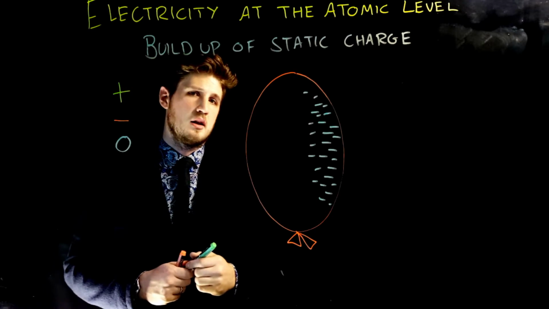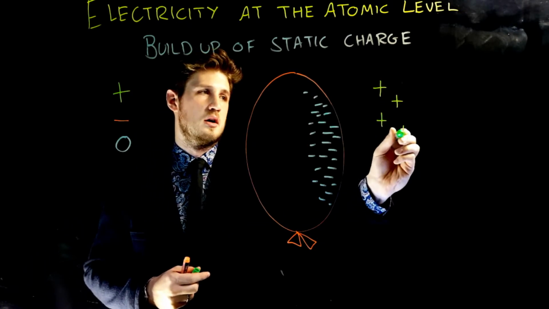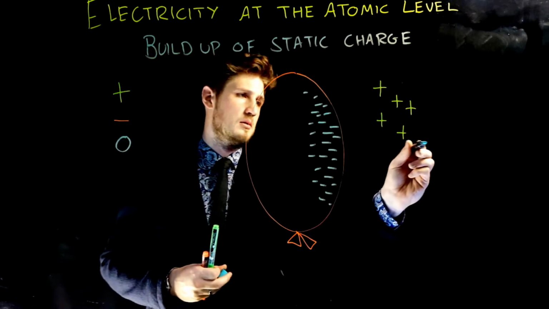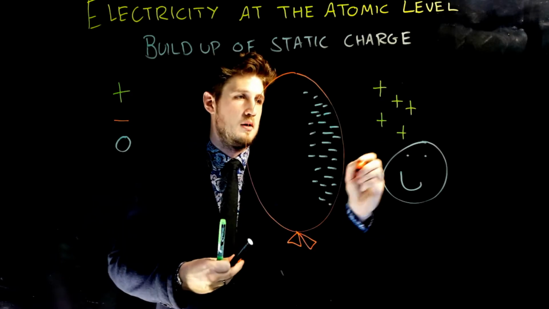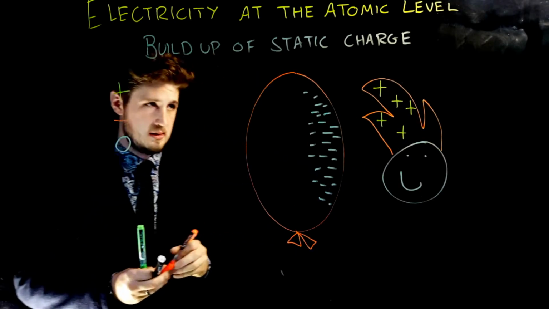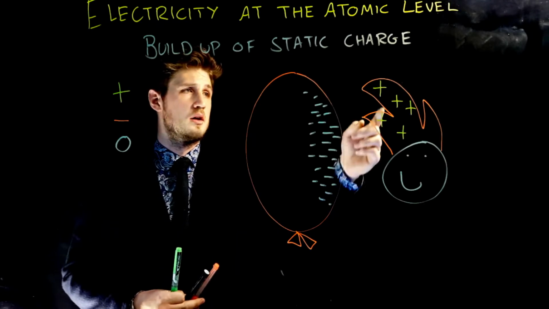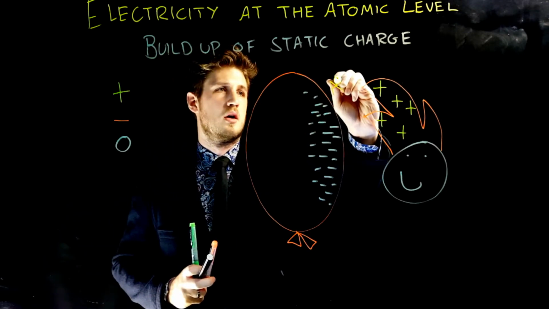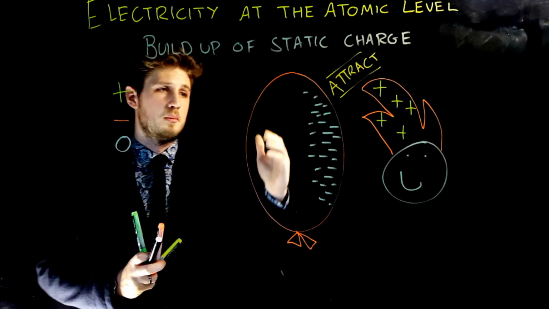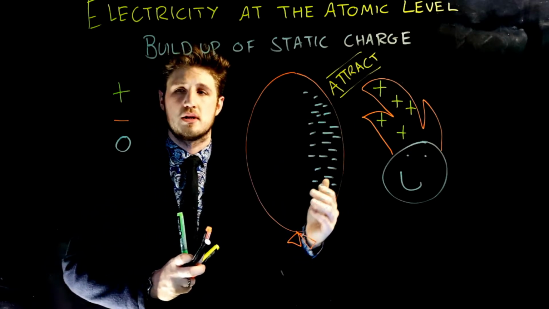What if we then put it near something that had more positive charges, like Mr. Lloyd's head and his crazy hair? What would happen? You're right, the two charges would attract each other. Positive charges are drawn to negative charges and negative charges to positive.